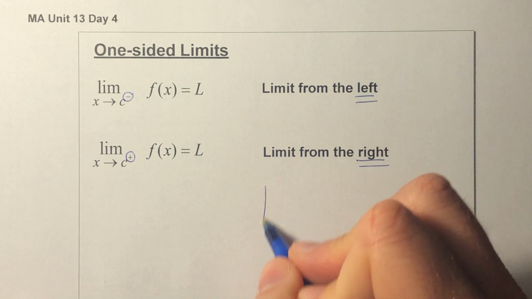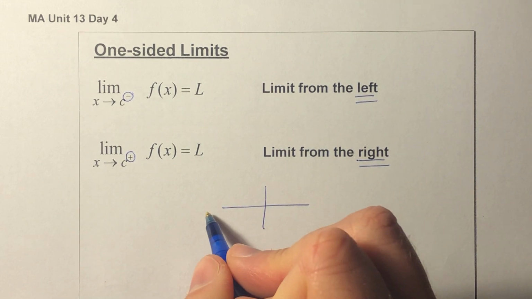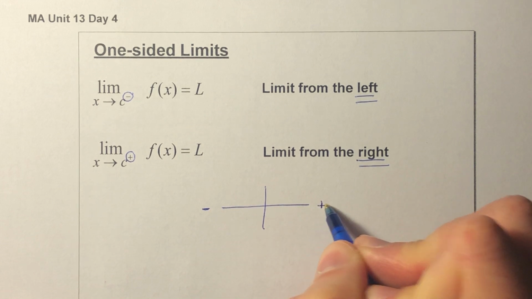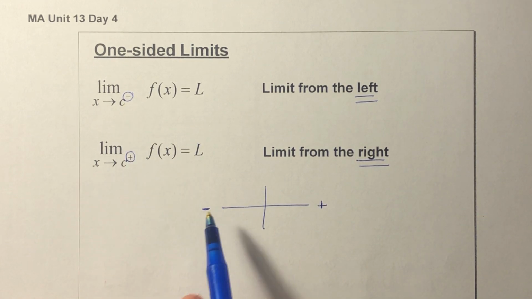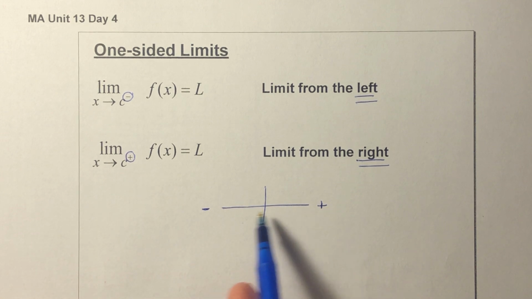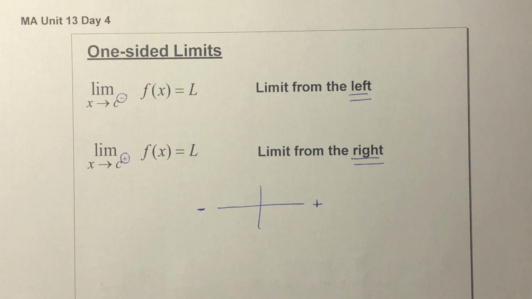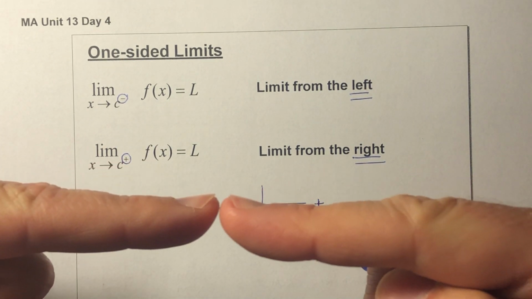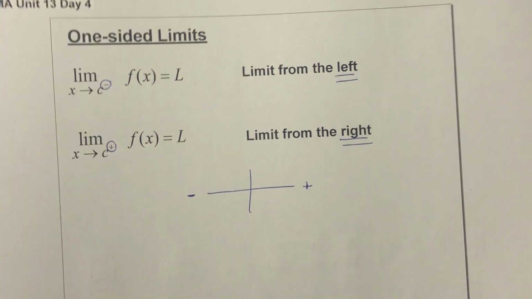Okay, so think of a normal XY coordinate plane, I should say. The minus is over here, the plus is over here. So when this is minus, what's happening as we come from the left? When this is plus, what's happening as we come from the right? Okay? When nothing's there, you're coming from both sides, remember.